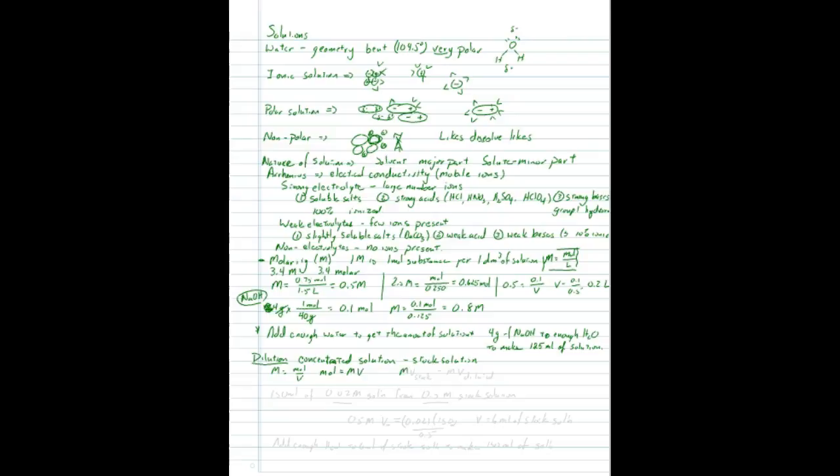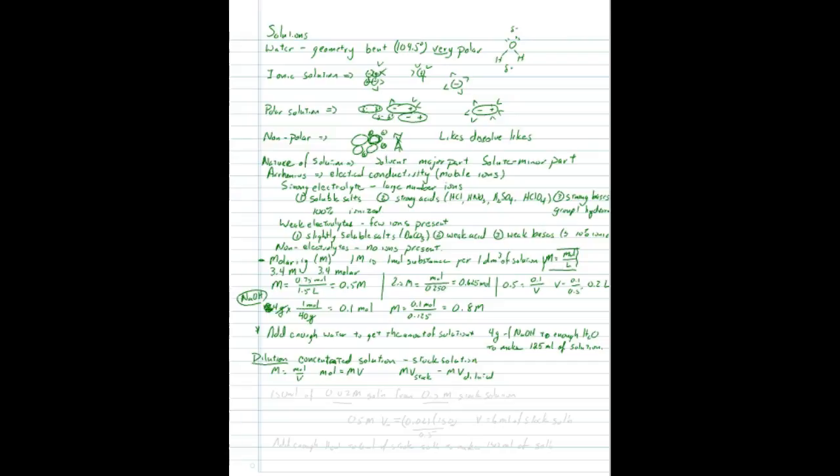So the formula is molarity times volume of the stock solution equals the molarity times volume of the dilute solution. Molarity times volume is moles, so the number of moles of the chemical before is going to equal the number of moles after. The difference is you got more water, or whatever solvent you choose.